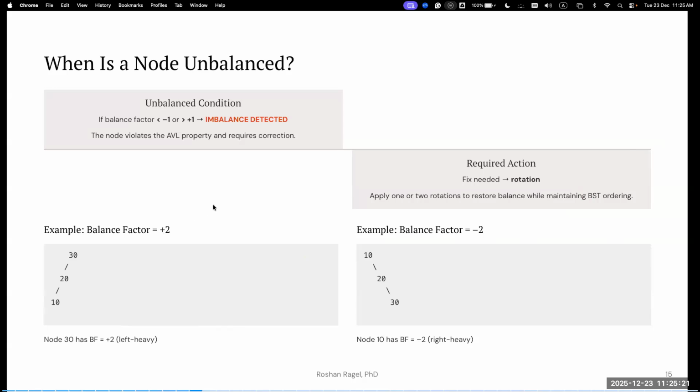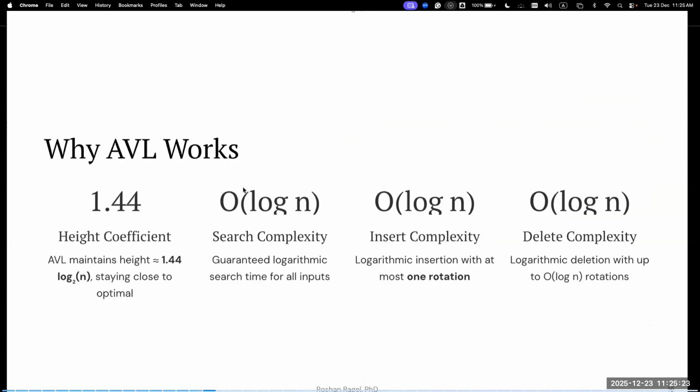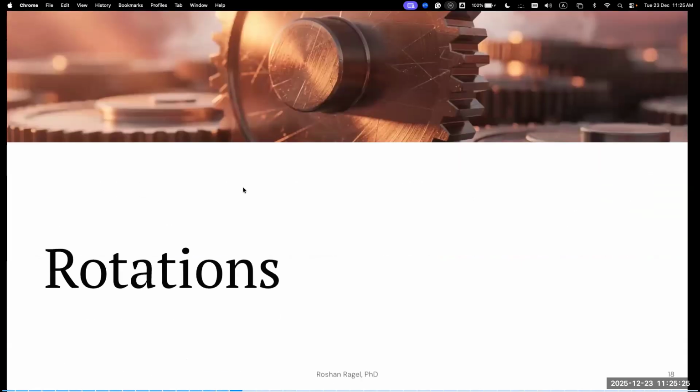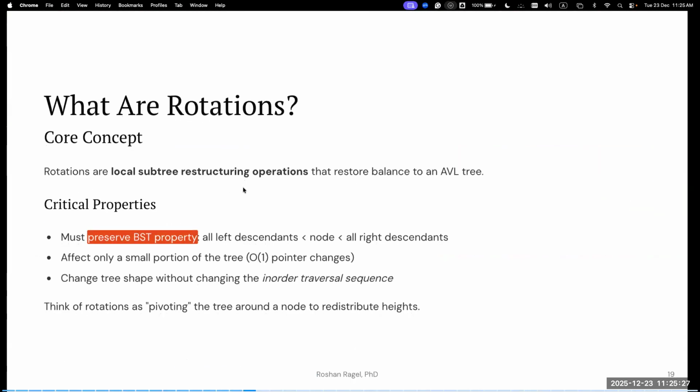So what we'll do is what is known as rotation, right? I'm going to show you how the rotation works and how to do it. Basically, the idea of rotation is to restructure the subtrees. When there is an unbalanced node, we restructure the subtree such that the node becomes balanced. It's a simple idea.